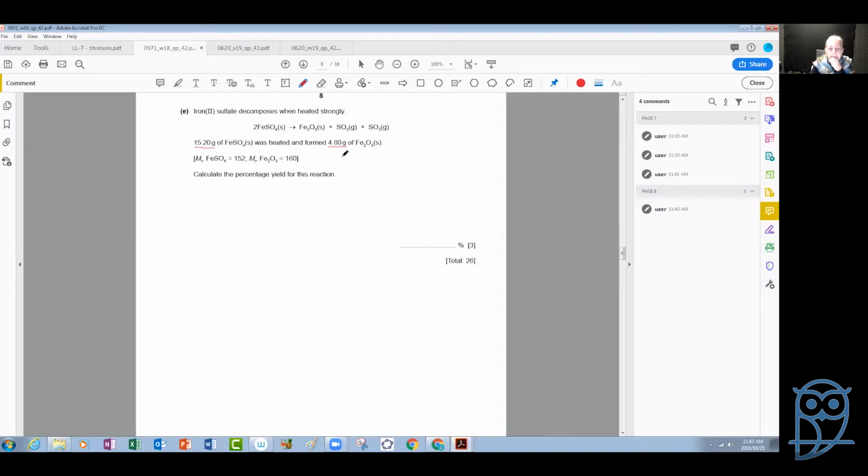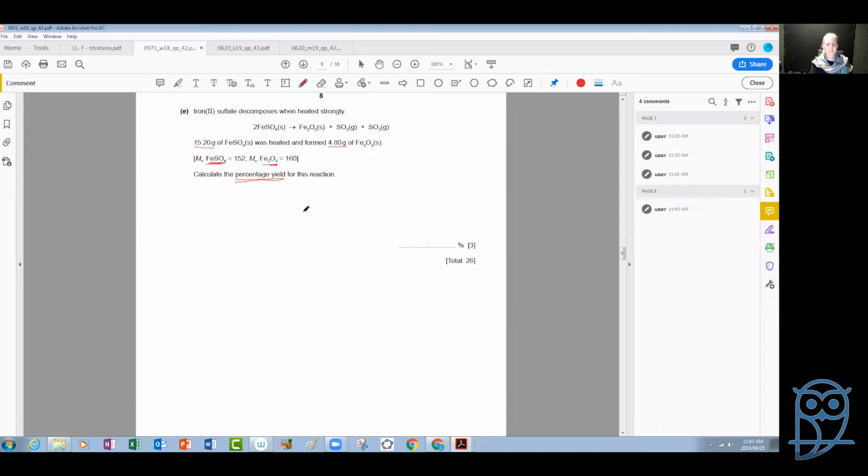And they give us the formula masses of these two, of the oxide and of this salt, so that we don't have to calculate it. And they ask to calculate the percentage yield of this reaction. All right. I hope you remember the percentage yield.